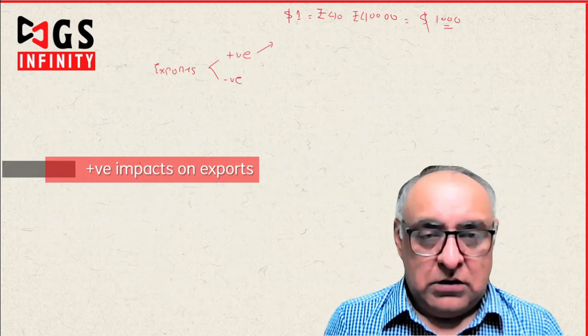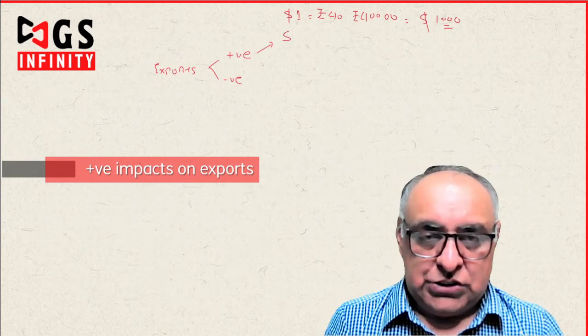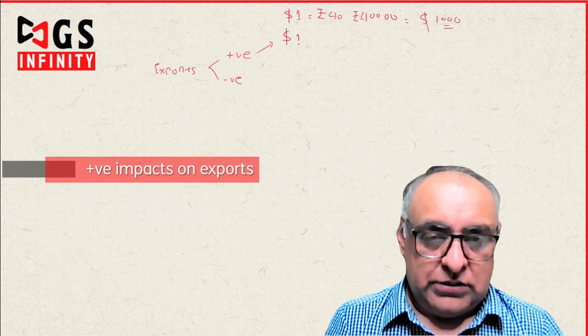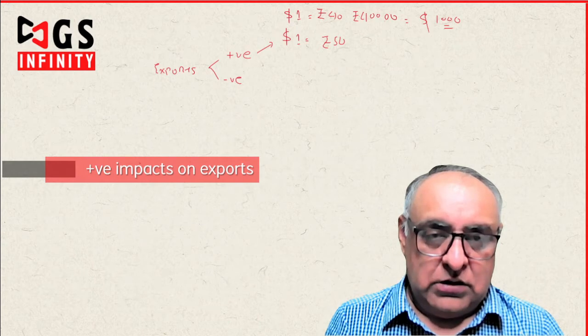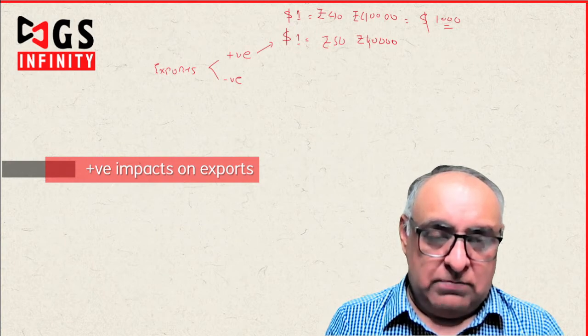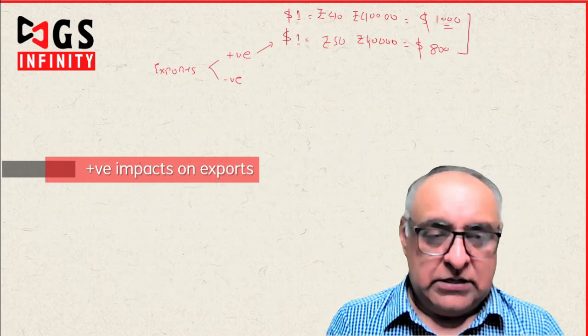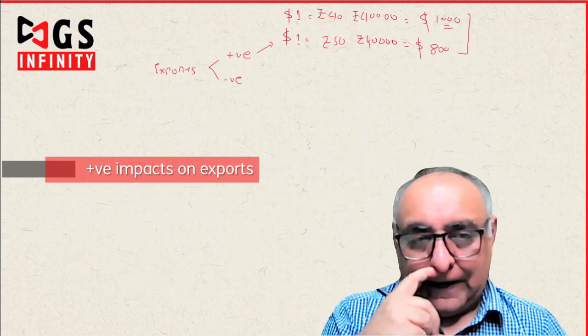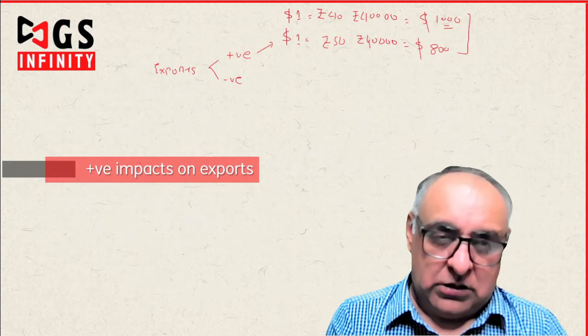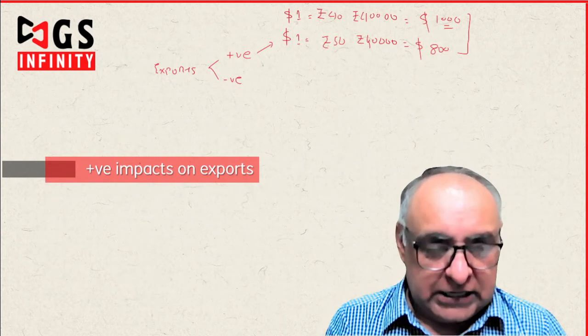And after the depreciation of the Indian rupee against the dollar, suppose now $1 is equal to rupees 50, and to purchase the same 40,000 worth of goods, the foreign buyer of Indian goods would have to sacrifice $800 now. So what is the net impact?